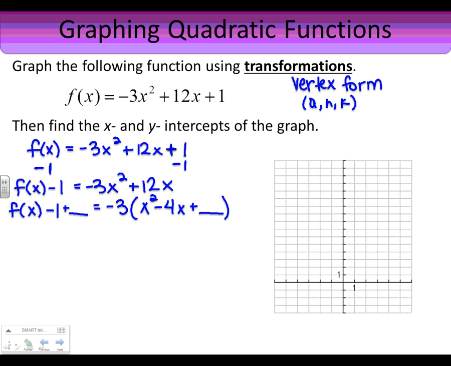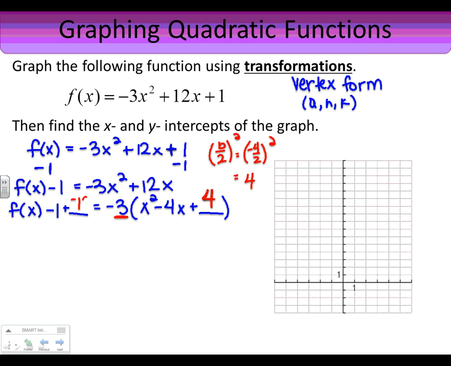So remember we have b over 2 squared. So in this case, negative 4 divided by 2 squared, which is negative 2 squared, which is 4. So we're adding 4 to this side. But don't forget, this is in the parentheses, so we're also multiplying that 4 by negative 3.